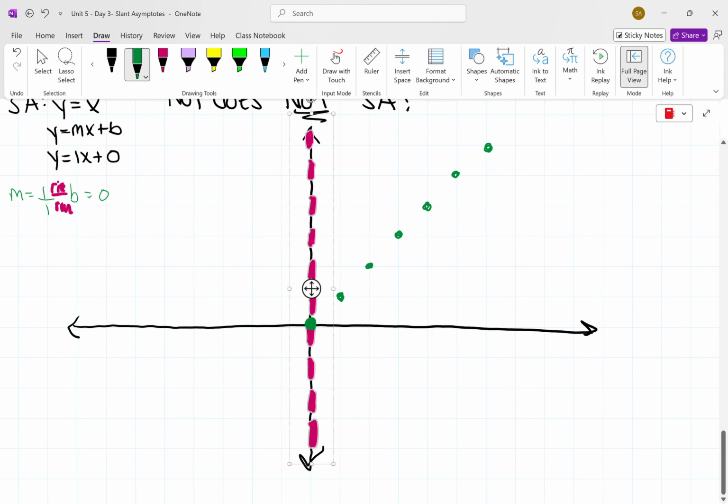And then instead of going up 1, right 1, to get the other part of my line, I'm going to go down 1, left 1. And because this is also an asymptote, it's not part of my graph. It is dashed.